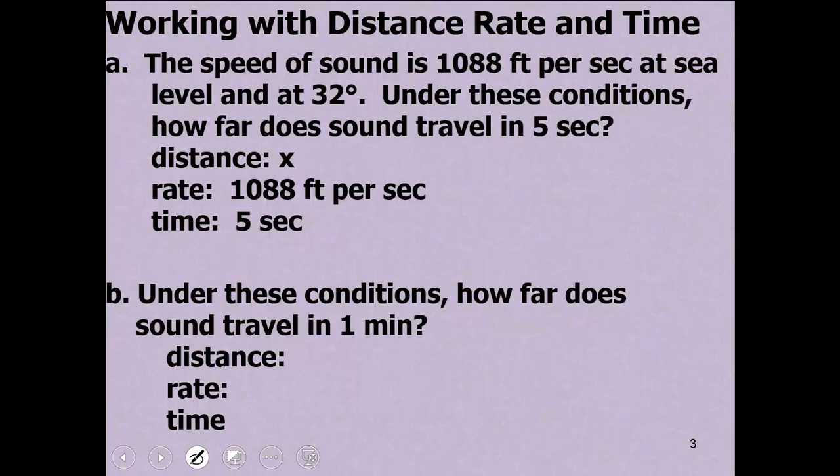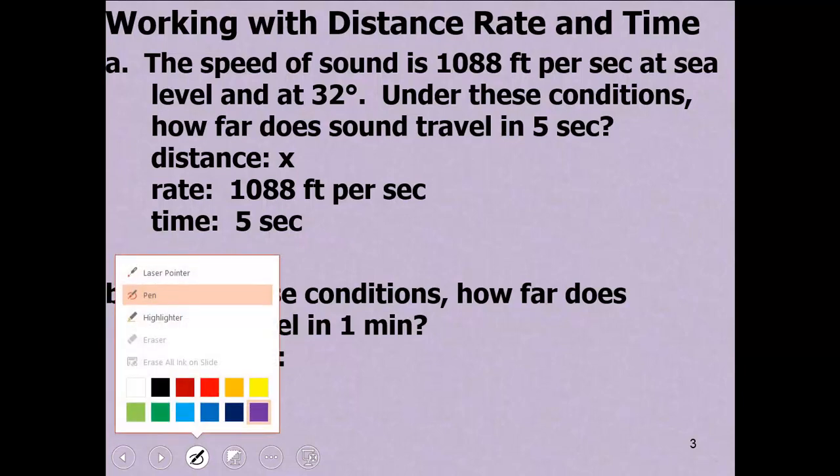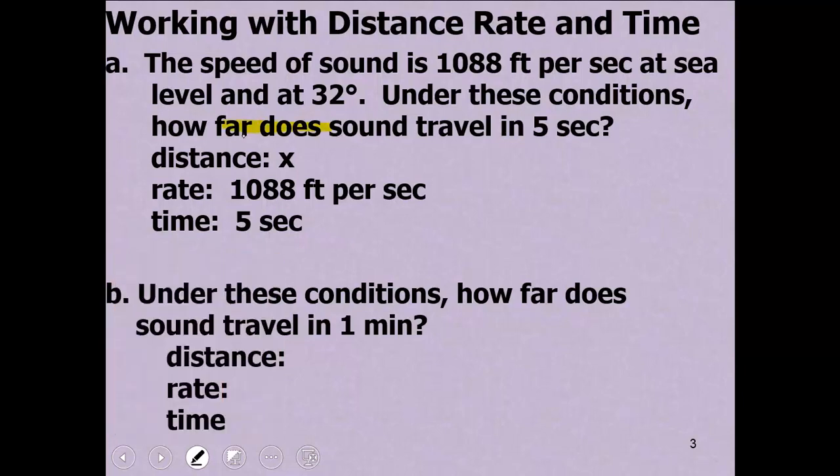The speed of sound is 1,088 feet per second at sea level and at 32 degrees. Under these conditions, how far does sound travel in 5 seconds? How far tells us we're looking for distance.